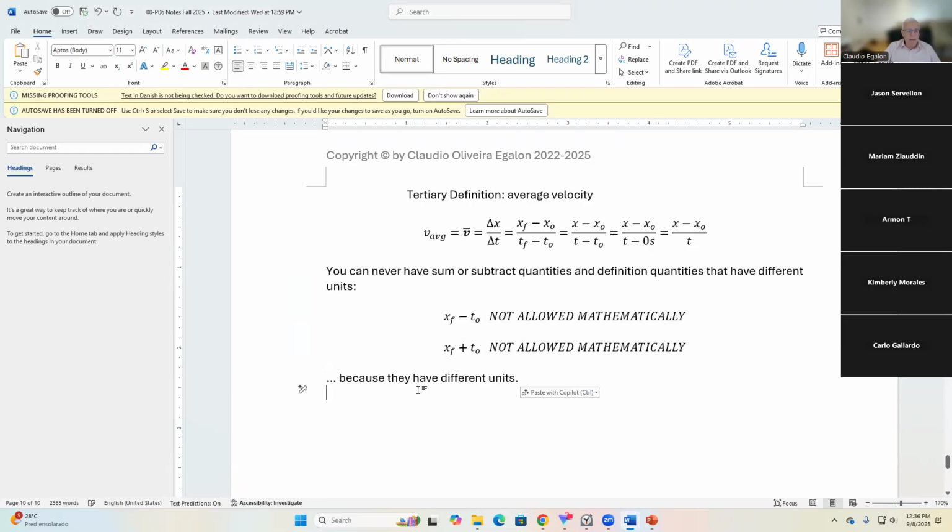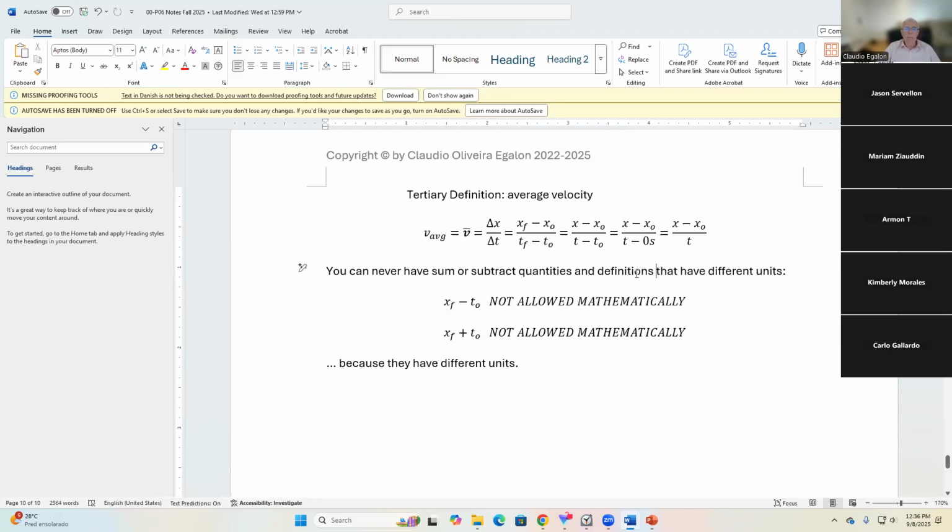By the same token that we cannot sum different units, we cannot sum quantities or definitions that have different units. You cannot sum average velocity with position.